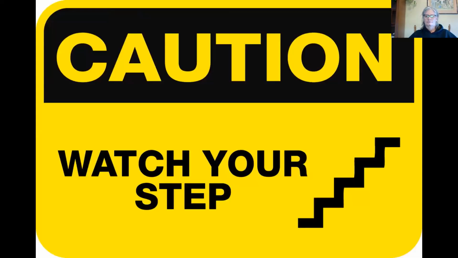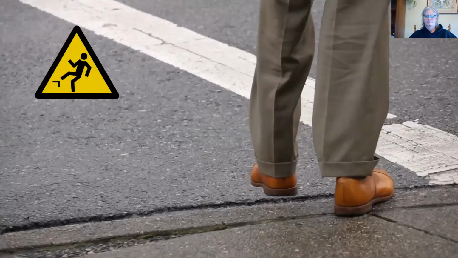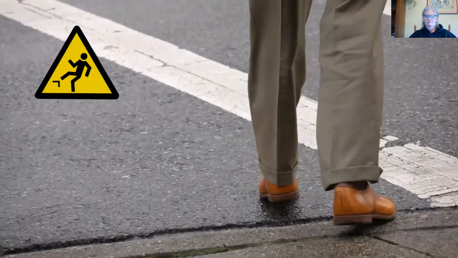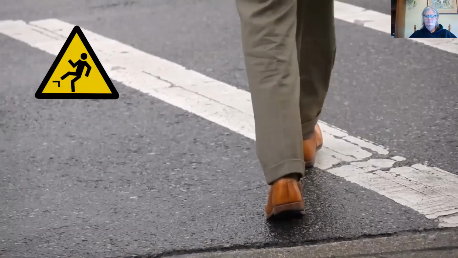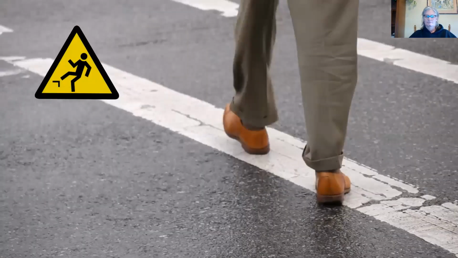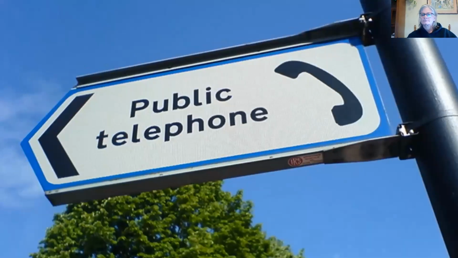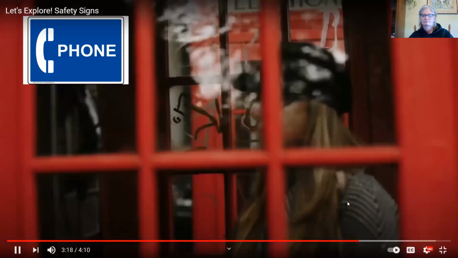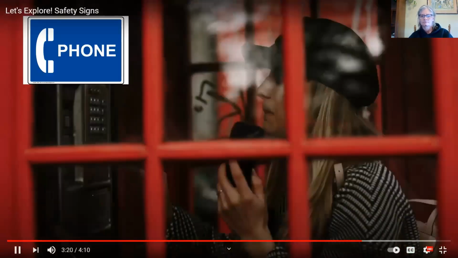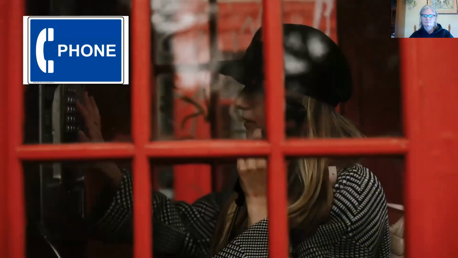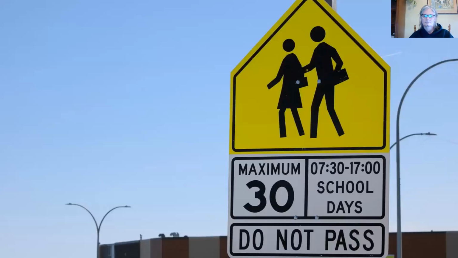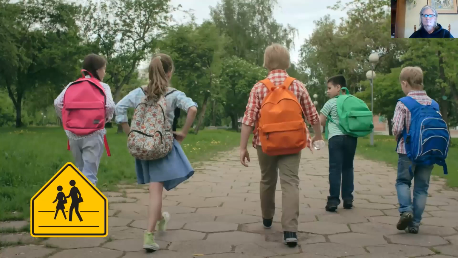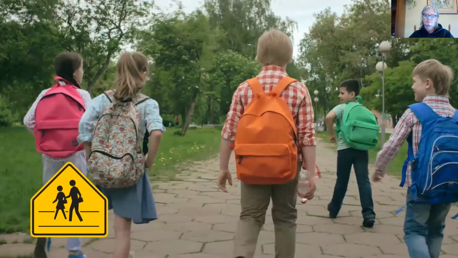Caution, watch your step. This sign means the ground may be cracked or bumpy, or steps are nearby. Public telephone. There will be a phone you can use nearby when you see this sign. School crossing. You may cross the street to go to school here.